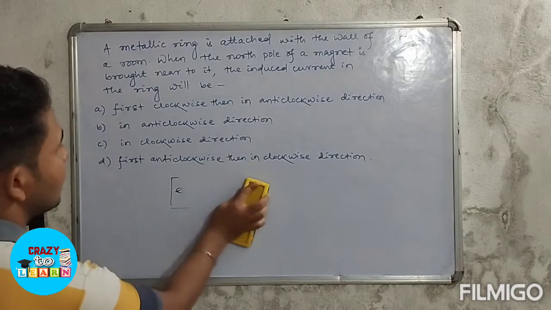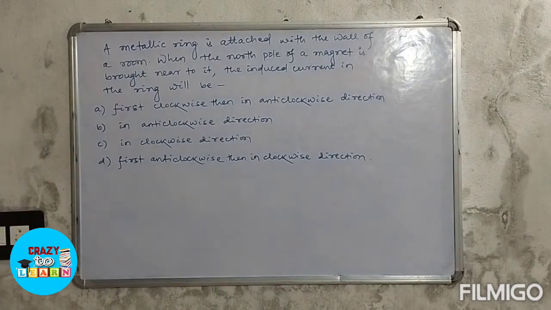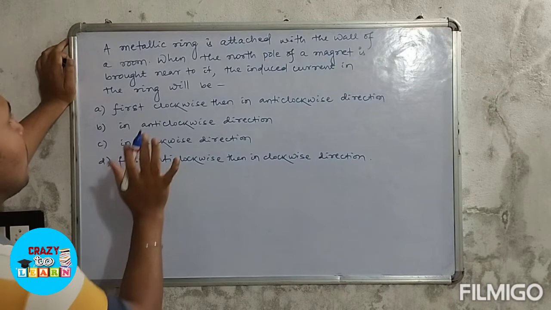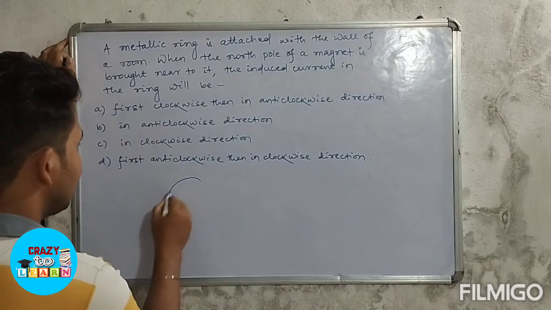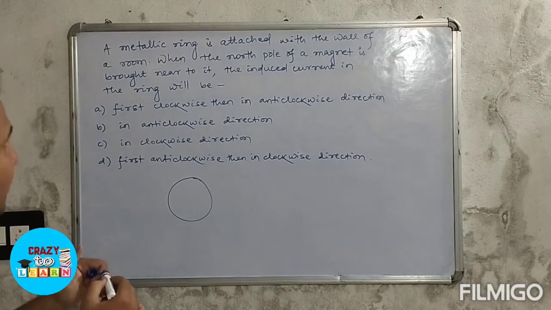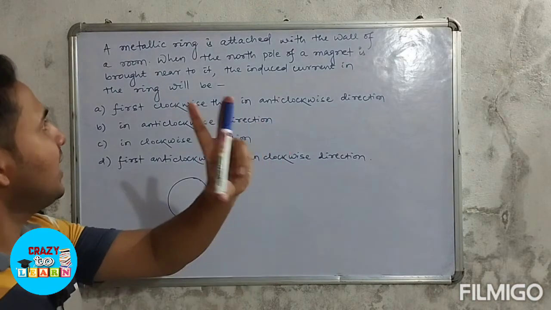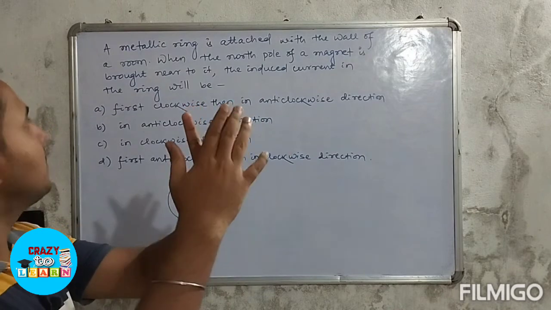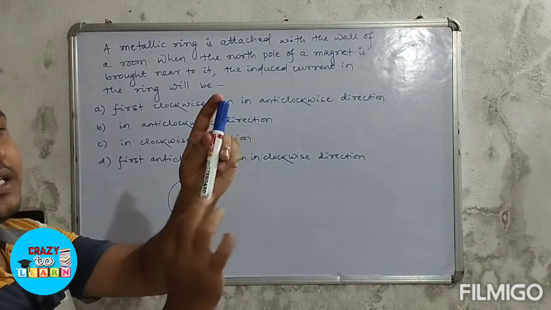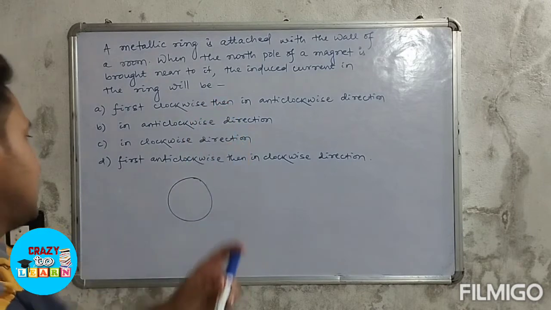In a similar way, as it is asked to you, a metallic ring is attached with the wall of the room. A metallic ring is given to you. When the north pole of the magnet is brought near it, think of it as a magnet with a north pole and a south pole.